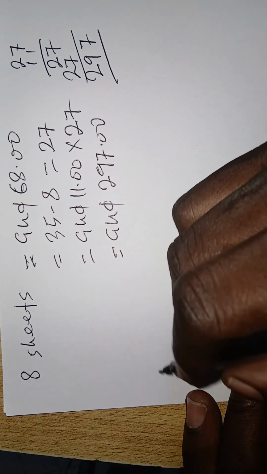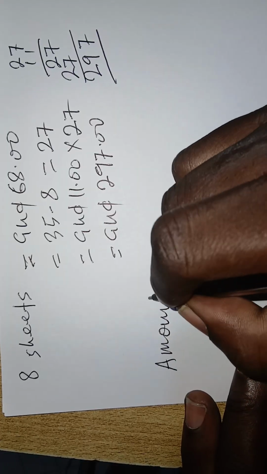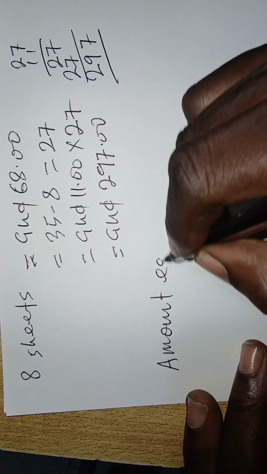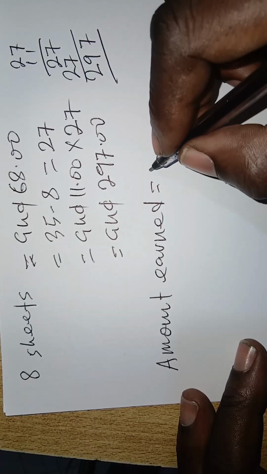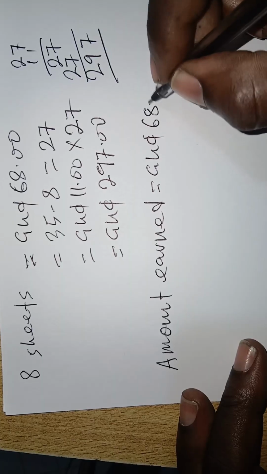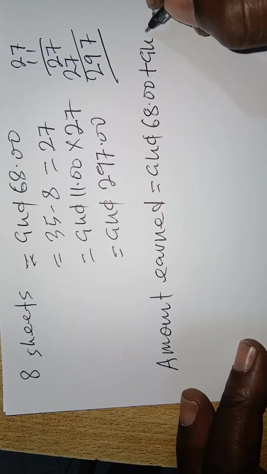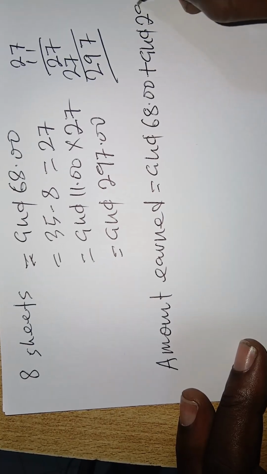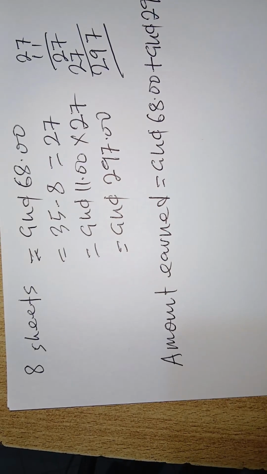So the amount earned will be equal to 68 Ghana cedis plus 297 Ghana cedis. Good.